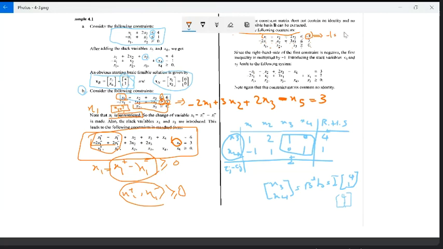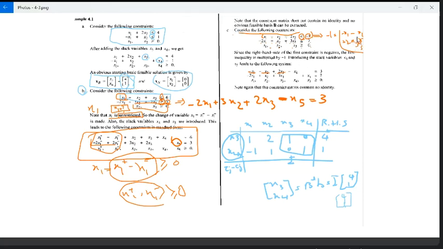Then we have minus x1 minus x2 plus 2x3, and less than changes to greater than or equal to 3.